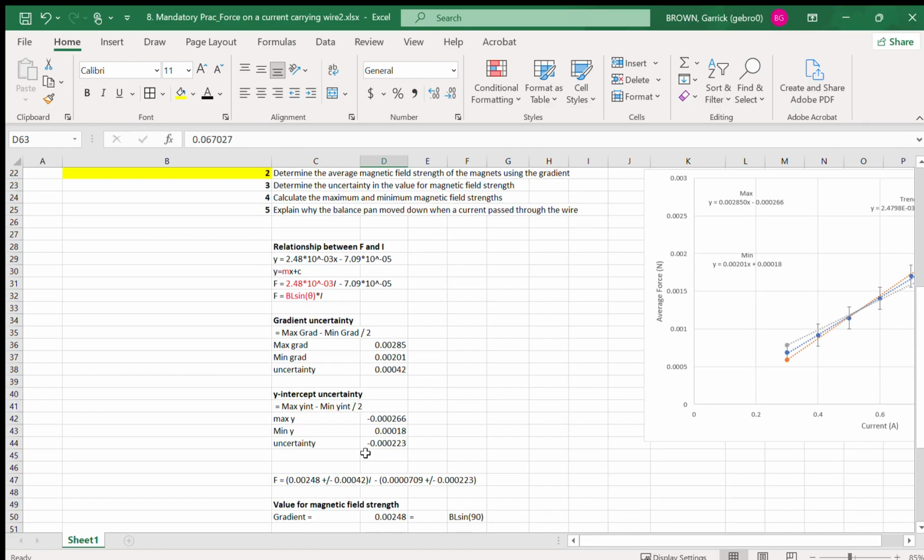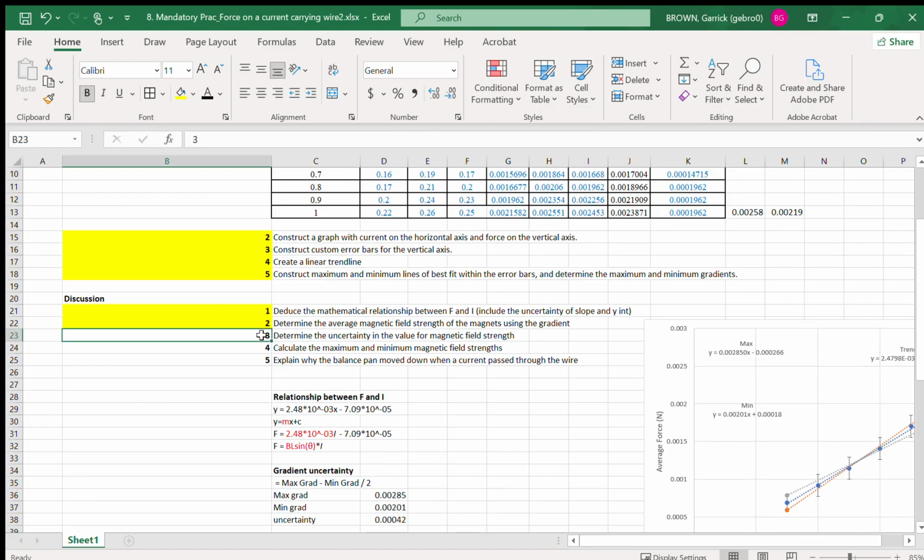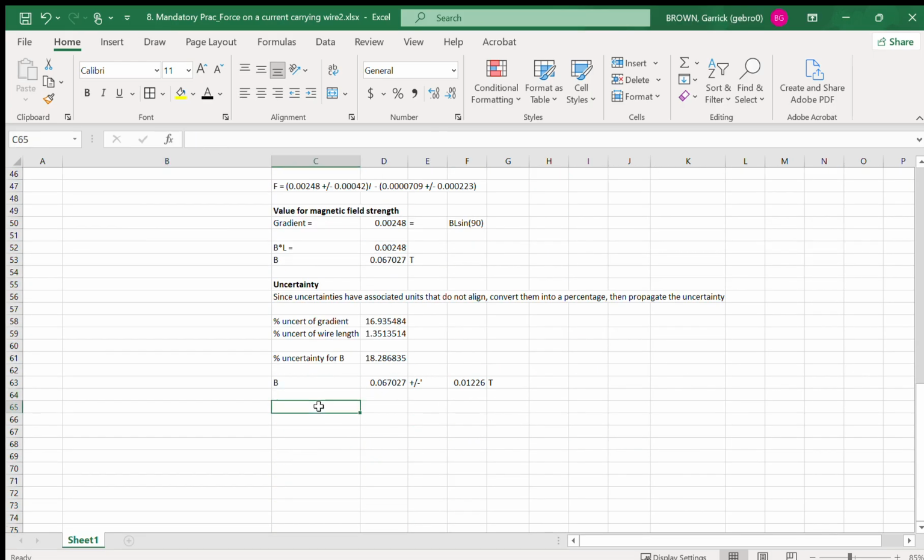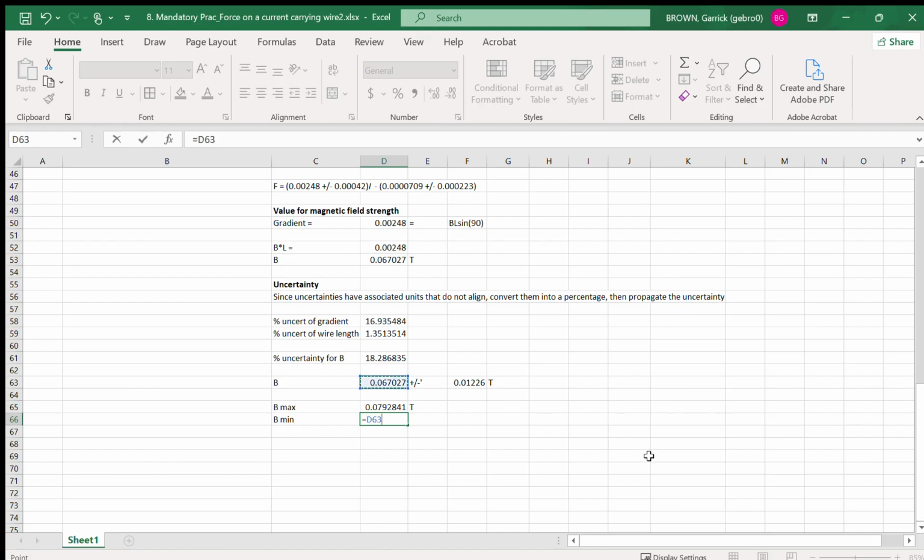Now, it does ask, so determine the uncertainty. Cool, we just did that. Calculate the maximum and minimum magnetic field strengths. Well, the maximum, the largest strength within our uncertainty, magnetic field strength max, is going to be equal to our magnetic field strength plus the uncertainty, and our minimum is going to be our magnetic field strength minus the uncertainty, hence the plus or minus.